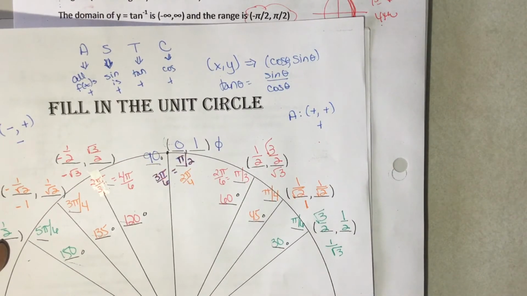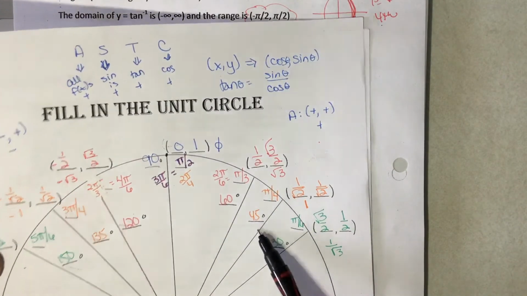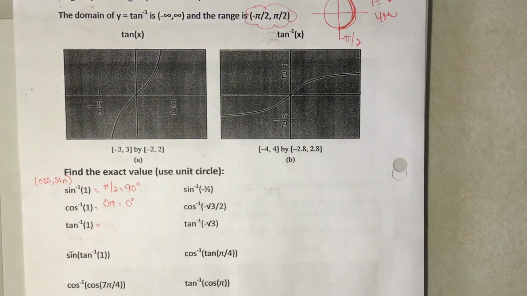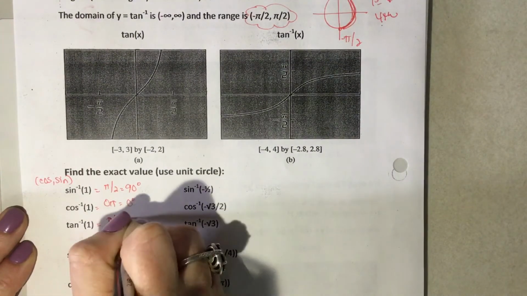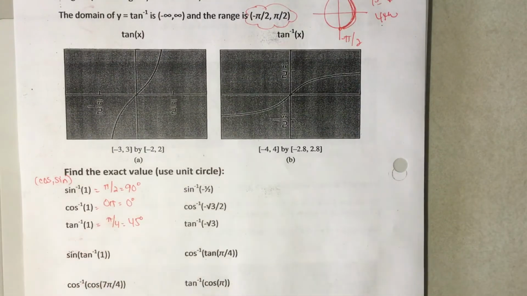I can't use the third, so tangent here is pi over 4, equivalent to 45 degrees. So this is how we're going to be playing? Correct. It does get just a smidge more tricky, but you can handle it.